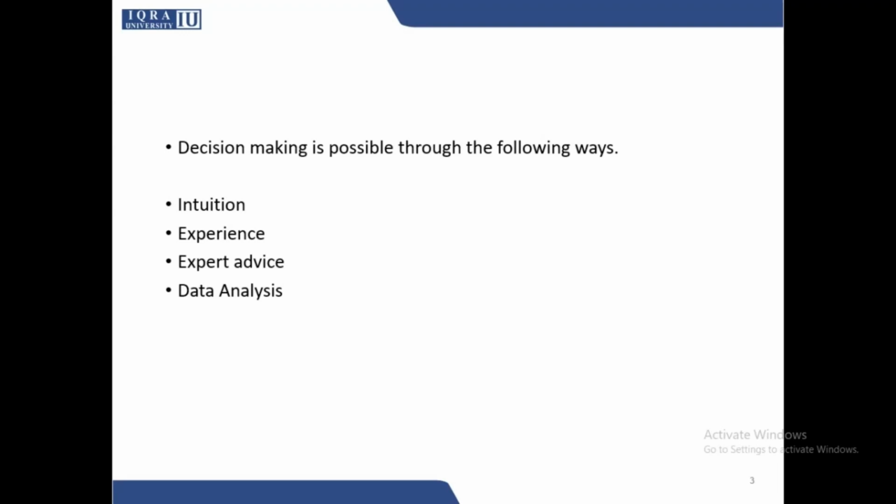Expert advice, if you think that you are not a pro in any domain and you need help of professionals or experts in that specific domain, you can take help as well. And data analysis, you can compute the results through computational processes, through data analysis, through statistical analysis. So this is all about decision making. These are the crucial steps that you have to follow as a researcher.